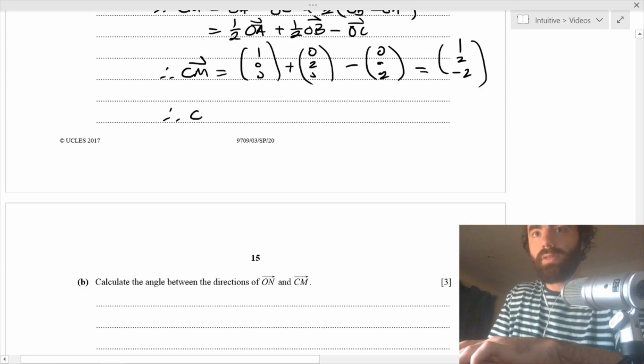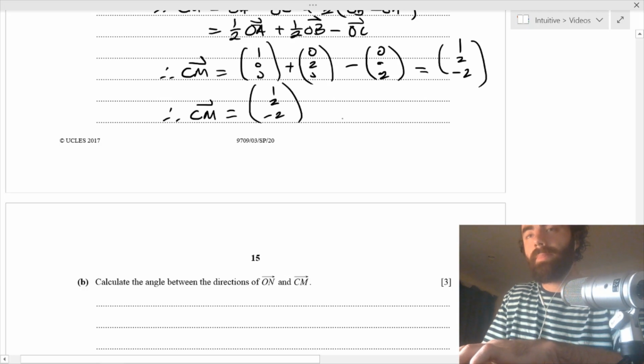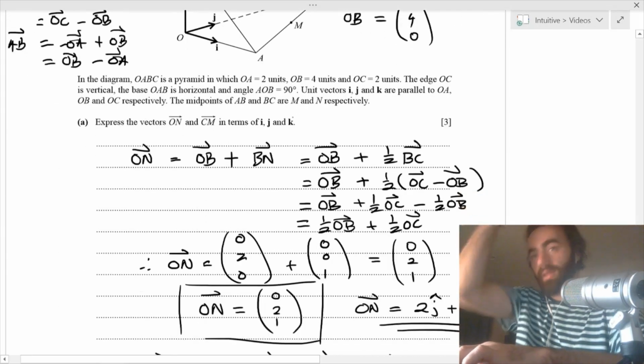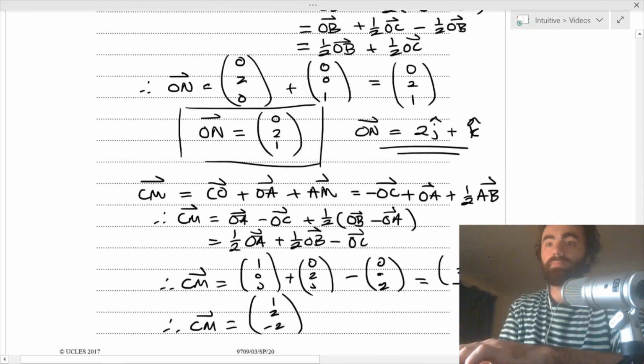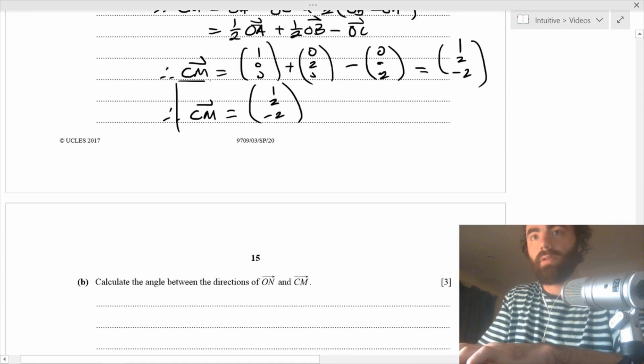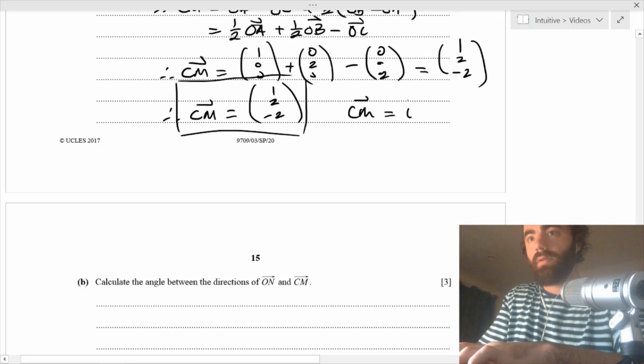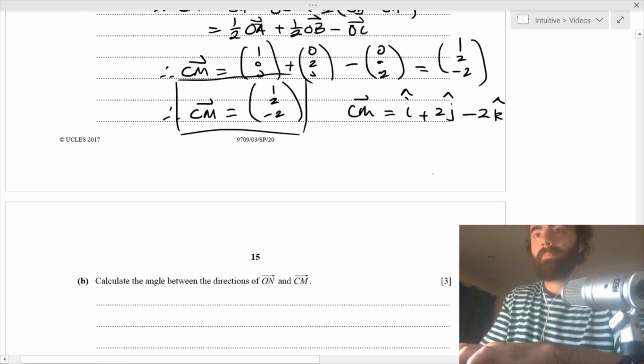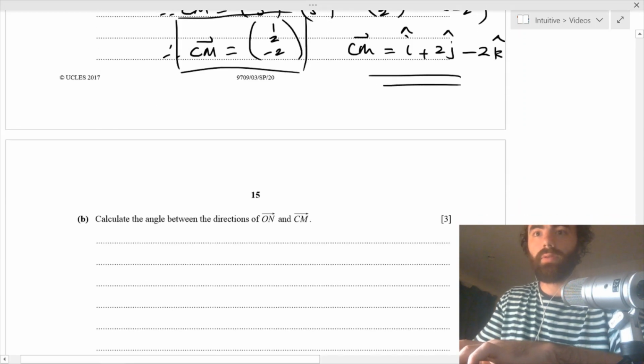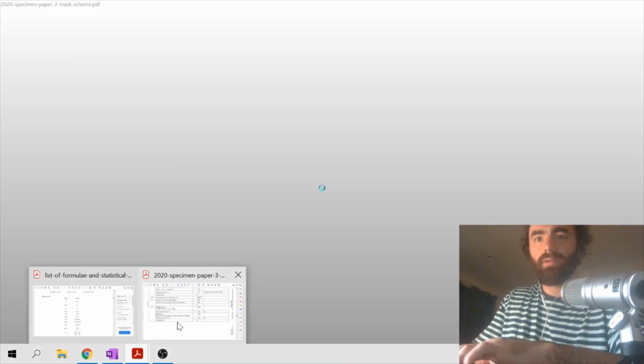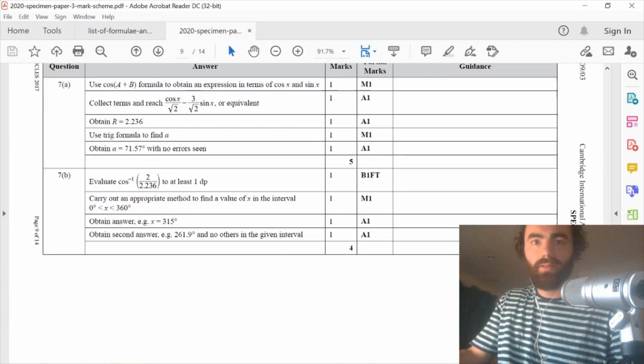I'm just doing it by looking at the diagram. So that's your answer, and in IJK form that would be I plus 2J minus 2K. Let's check that quickly before we go on to the other ones, because I was a bit shaky there.